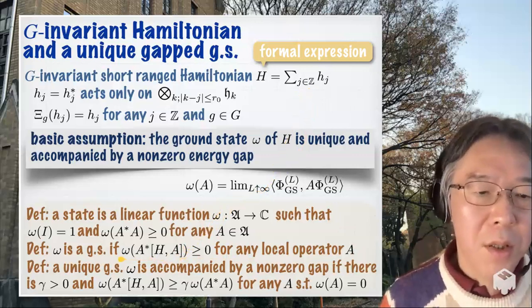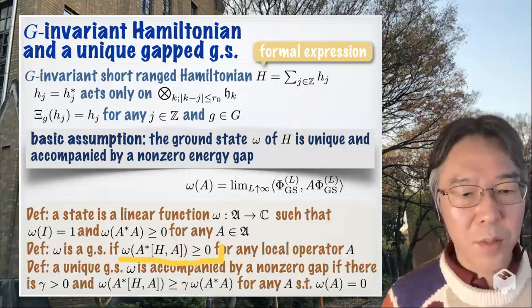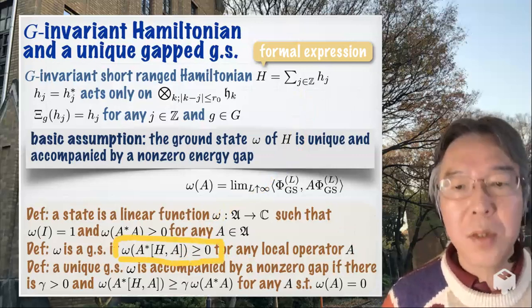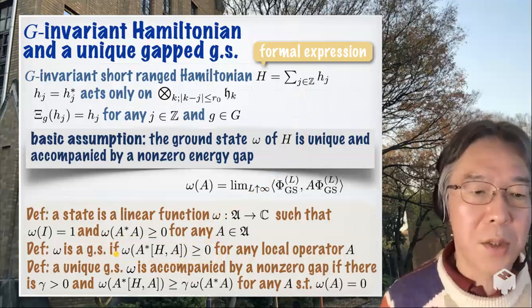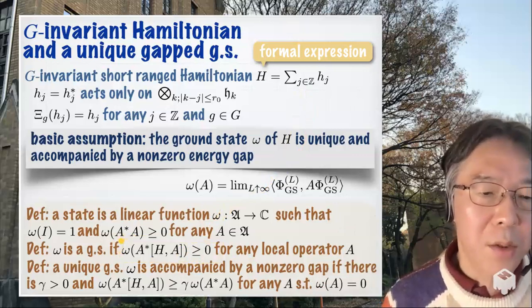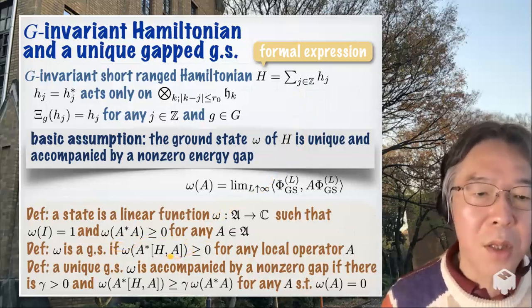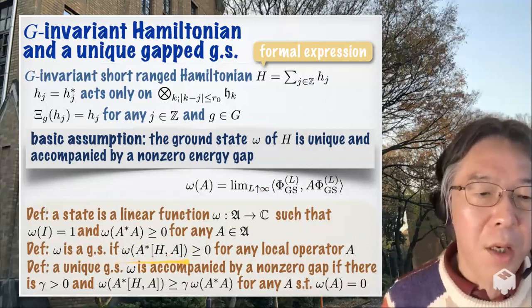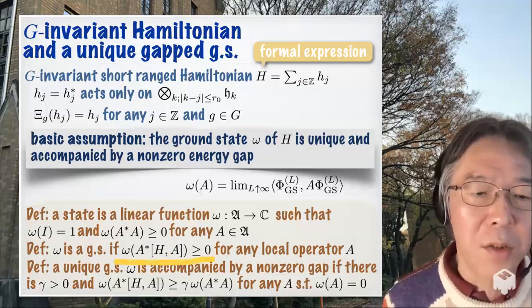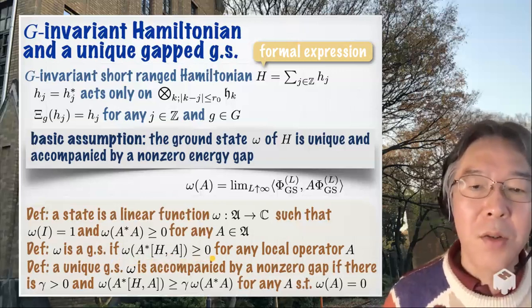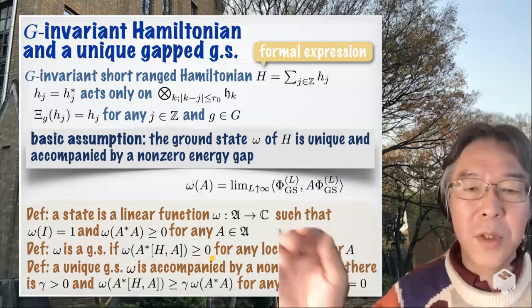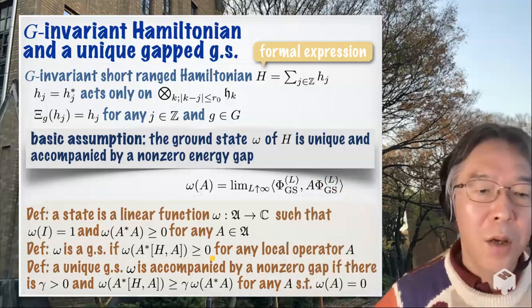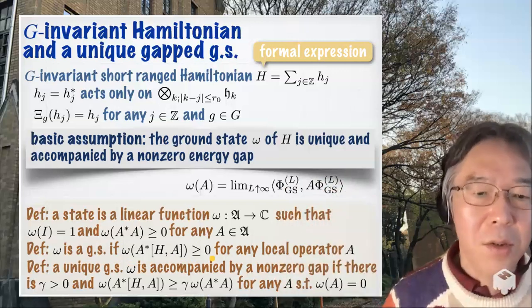And this still looks weird, but if you write the condition down in a finite system, and we write this omega by using bra phi and ket phi, and you rewrite this, you will immediately see that this condition is equivalent to the condition that you cannot lower the energy of the state by perturbing it with A. Okay, so you can do it.